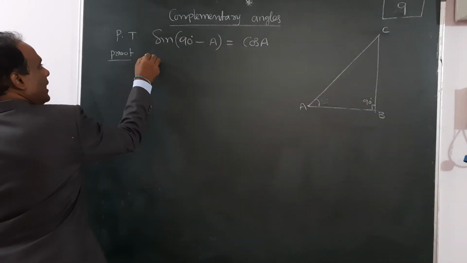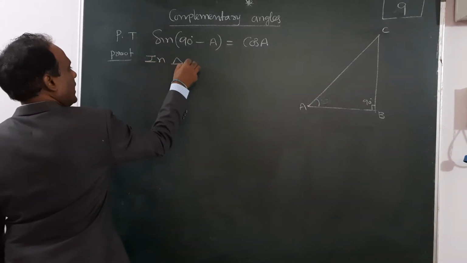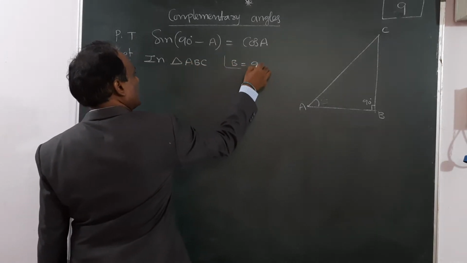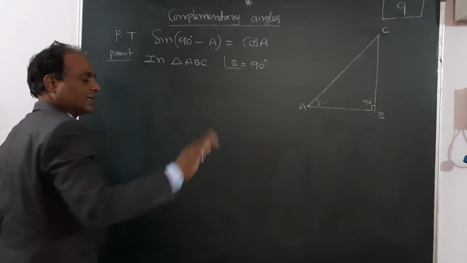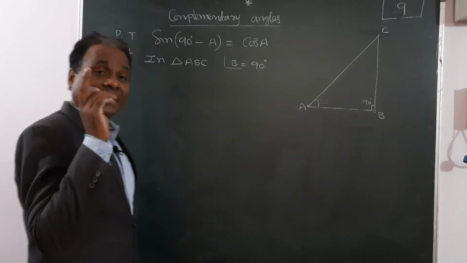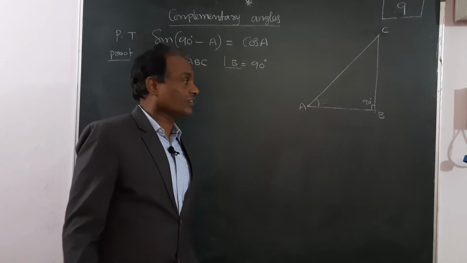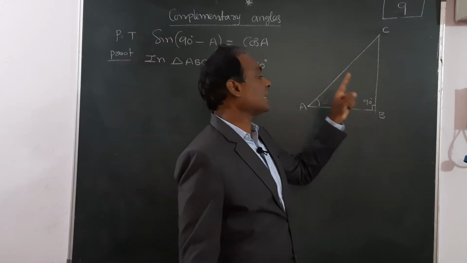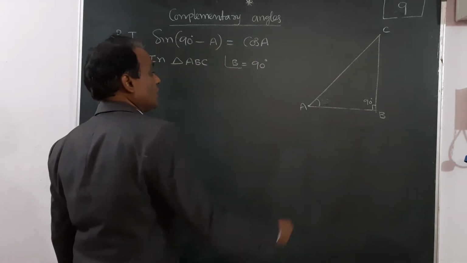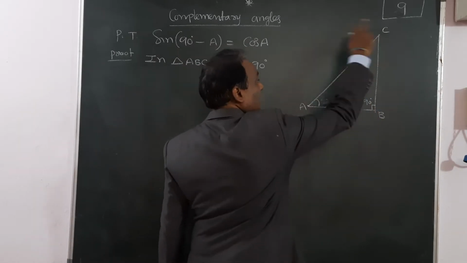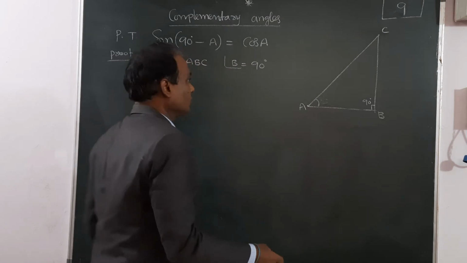I am taking a triangle ABC in which B is 90 degrees, a right angle triangle. In a triangle, the sum of three angles is 180 degrees. So if this is 90 degrees, then these two should also sum to 90 because the total should be 180.